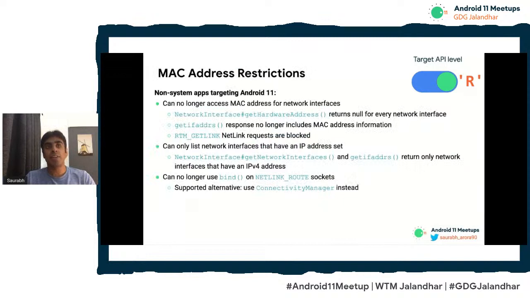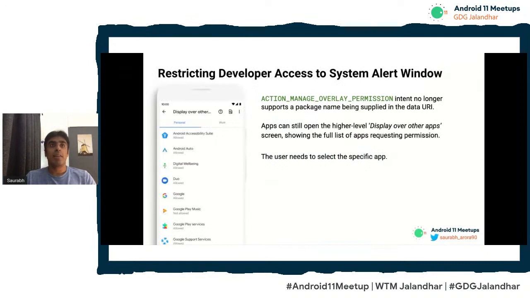MAC address is now restricted. Apps can no longer access MAC addresses for network interfaces, which has been an ongoing trend as of Android 10, 9, and now in 11 as well. System alert window has also been restricted. This was removed in Android Go builds, but in Android 10 it could no longer be granted in app. In Android 11, you can no longer deep link to the system setting to grant it.